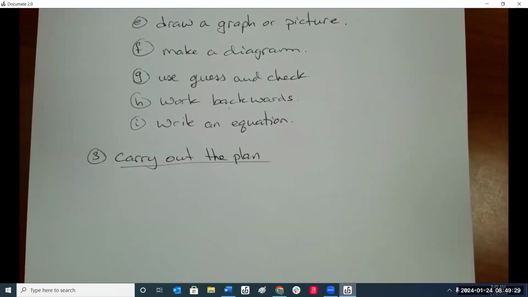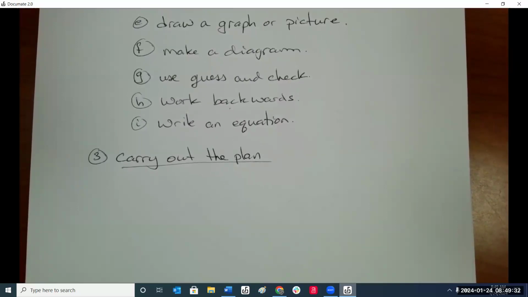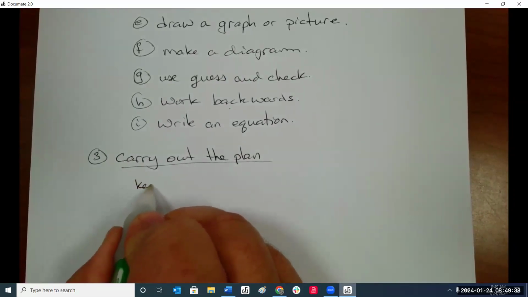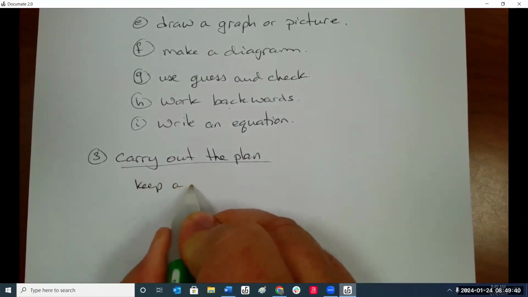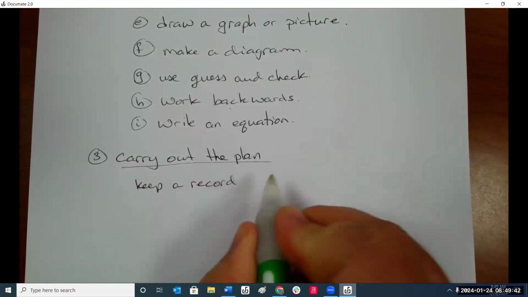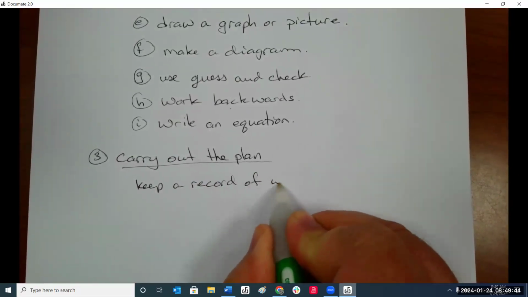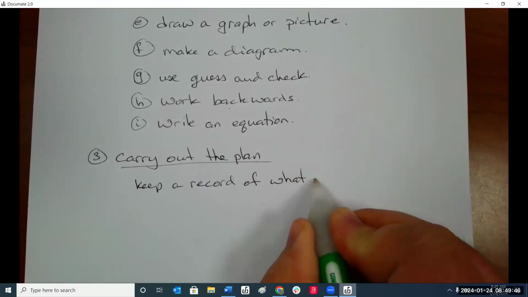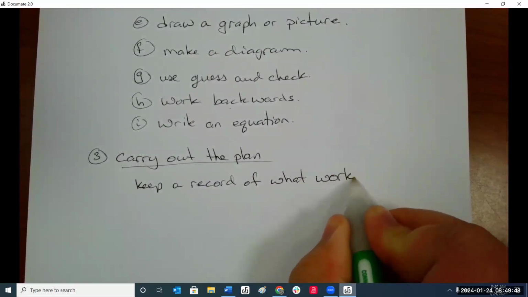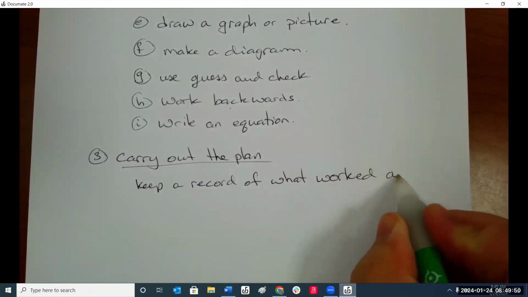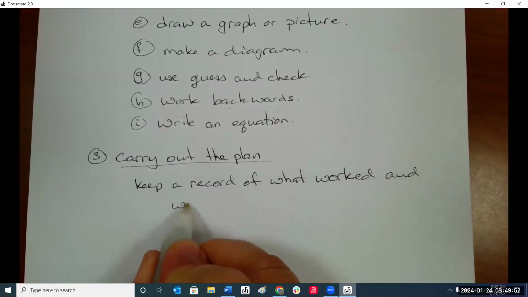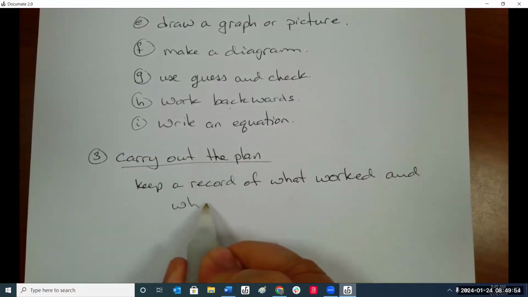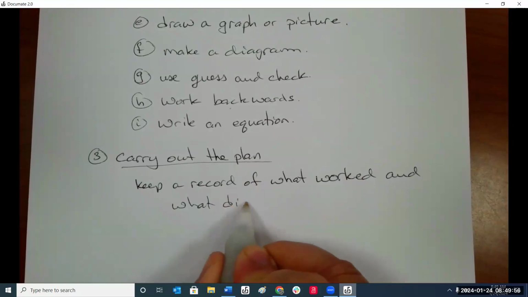But when you carry out the plan, what do you have to keep? Keep a record of what worked and what didn't.